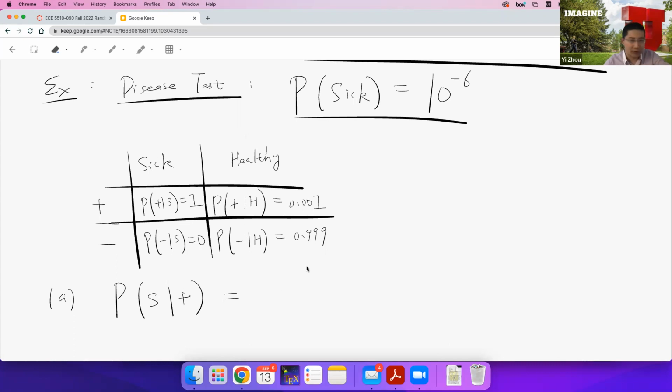Okay, so just apply that Bayes' rule formula very carefully. Writing down the formula, the numerator is the probability of being sick multiplied by this conditional probability. Well, this is given in the table. And in the denominator, we need to look at the probability of being positive.